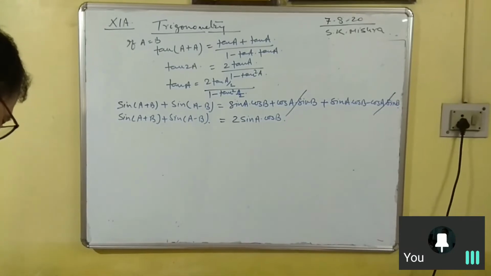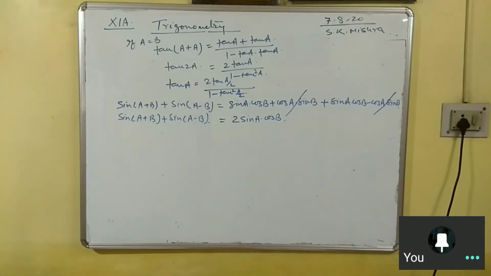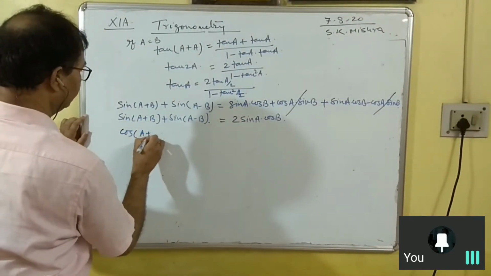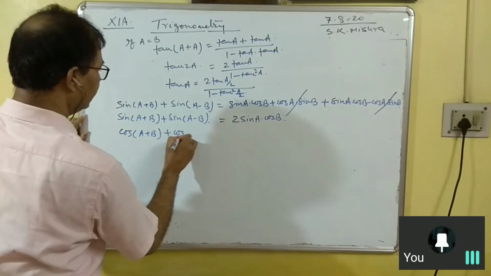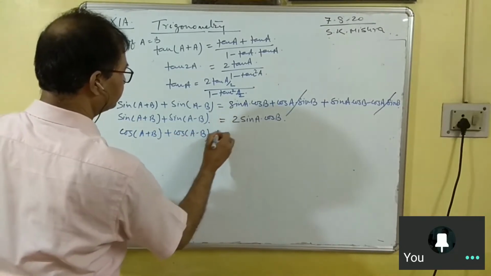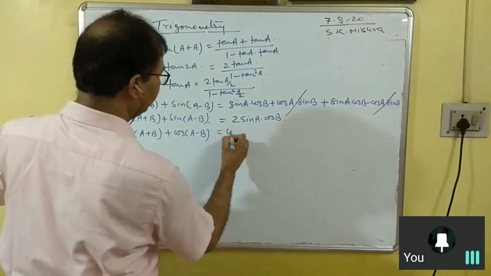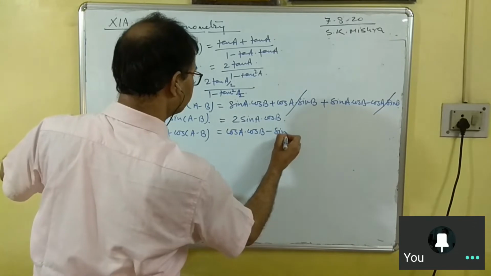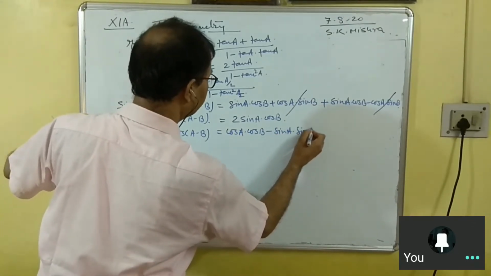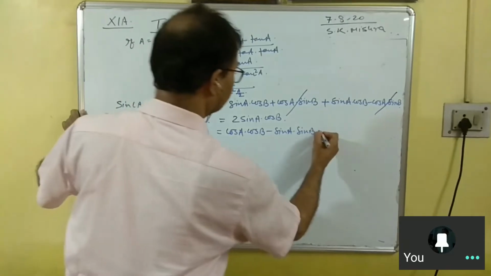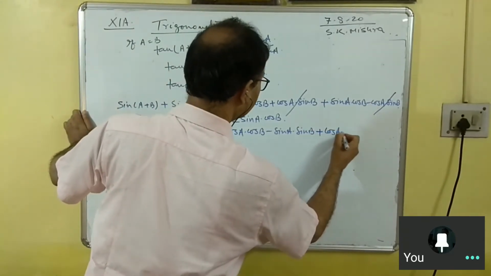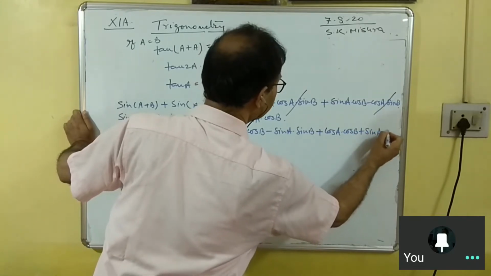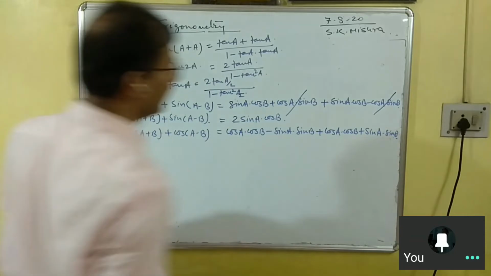Now if you write cos A plus B plus cos A minus B, then your result will be cos A plus B is cos A cos B minus sin A sin B, and then plus cos A minus B is cos A cos B plus sin A sin B. Am I right?